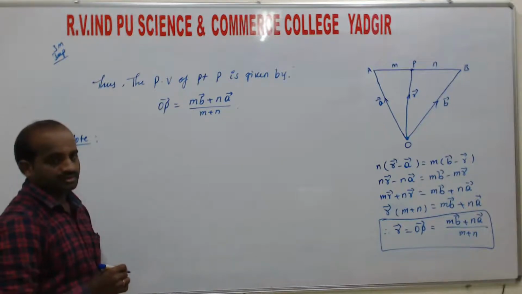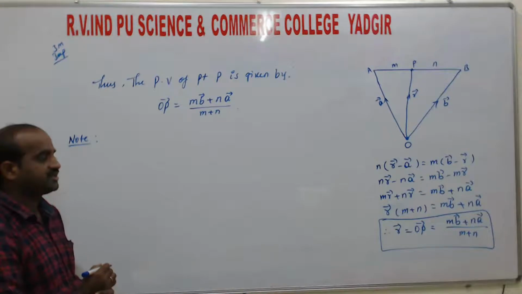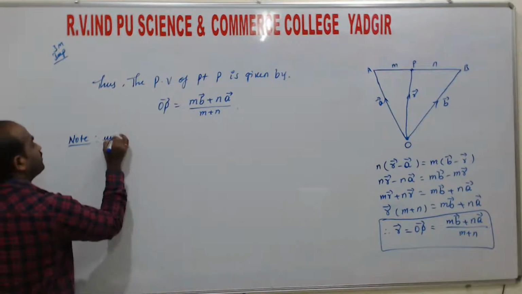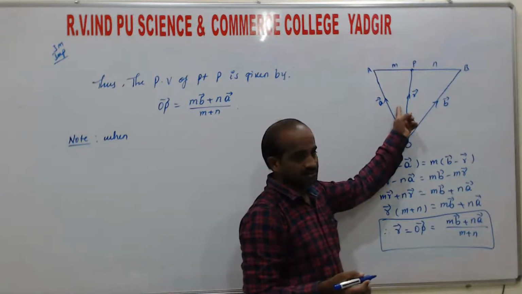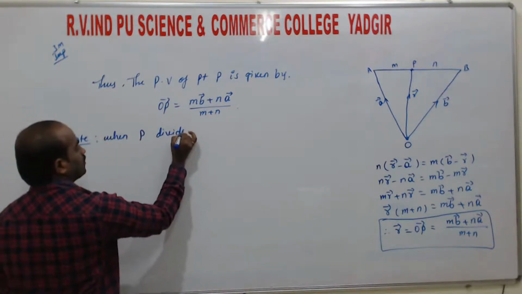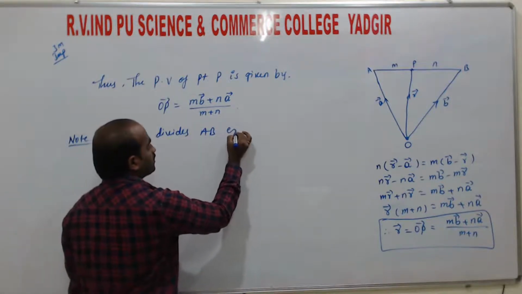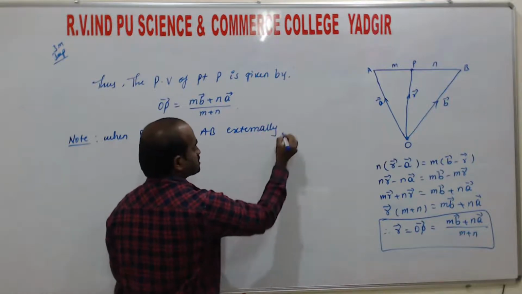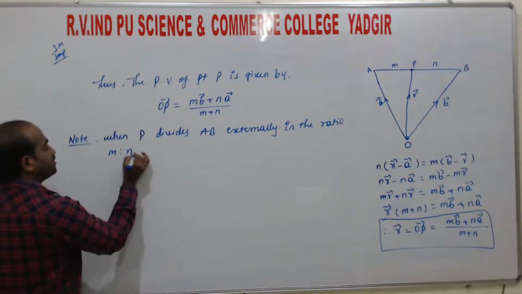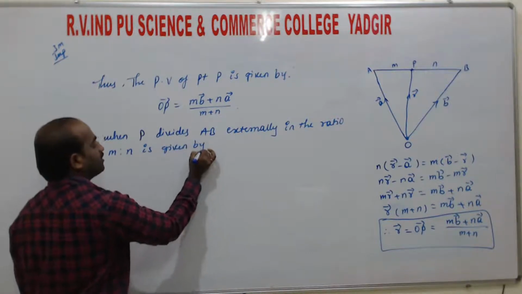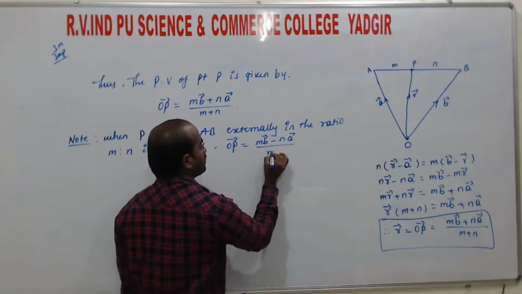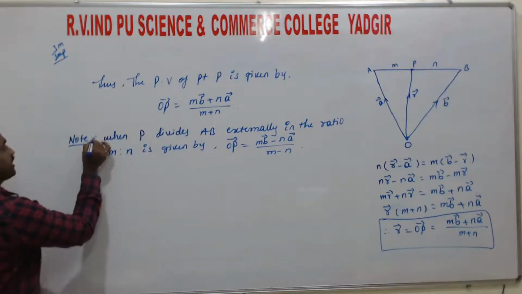When P divides AB externally in the ratio M is to N, the position vector is given by OP vector is equal to MB vector minus NA vector divided by M minus N. That is external.